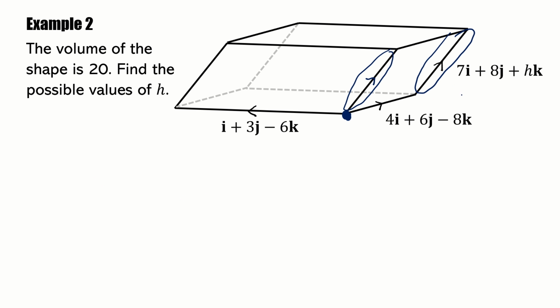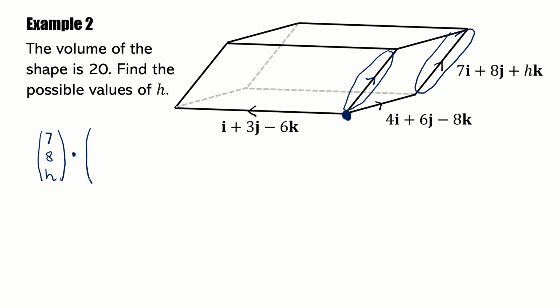Something worth bearing in mind with the formula for this one, because we've got an unknown h in there, some people might prefer to do this by doing the cross product, then scalar product method, rather than doing it all in one big go using a 3x3 matrix, just because doing the determinant with a 3x3 is a bit annoying when you've got an algebra letter in there. So if you're very tactical with this stuff, what you can do is make the one that's got the algebra letter the one you're going to just have to dot product at the end, because doing dot product is really quick and easy.